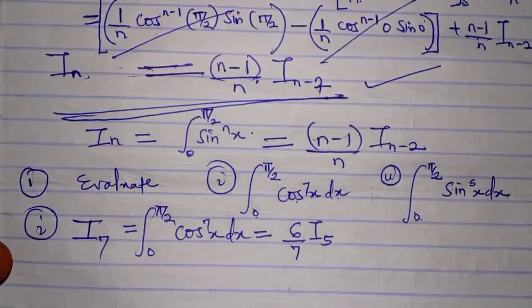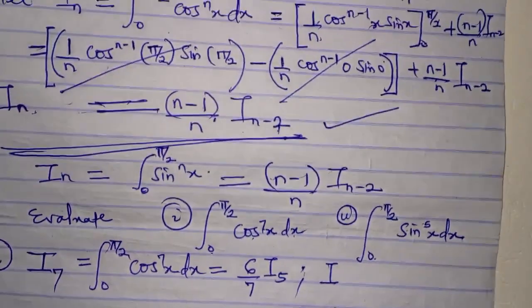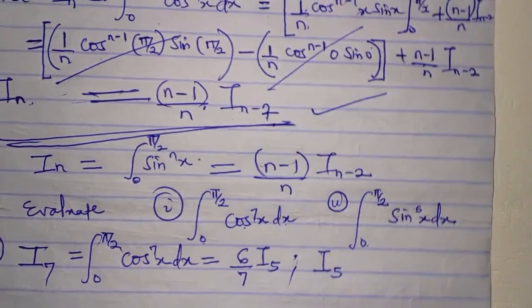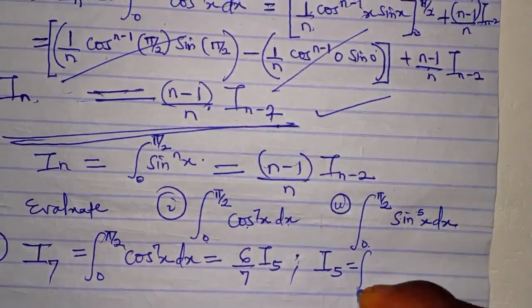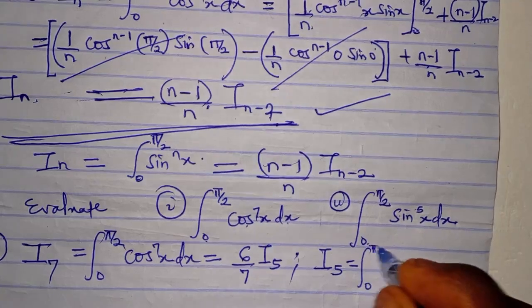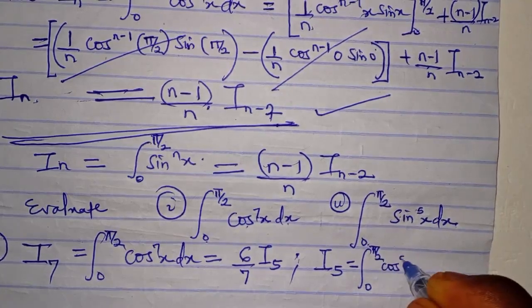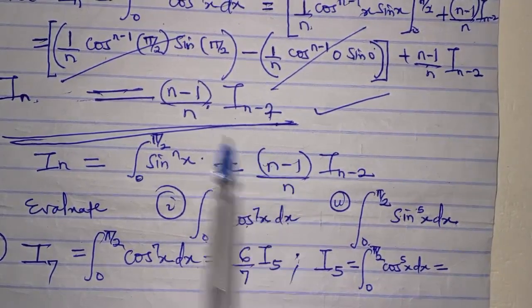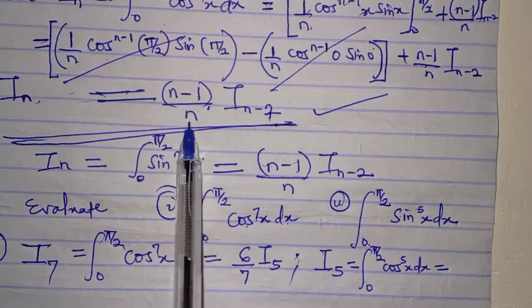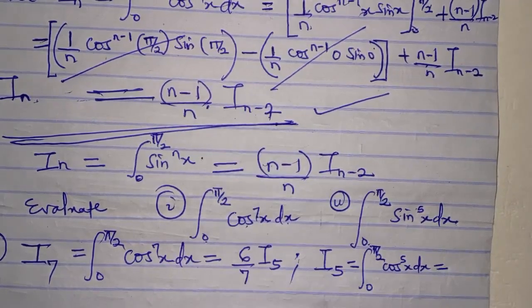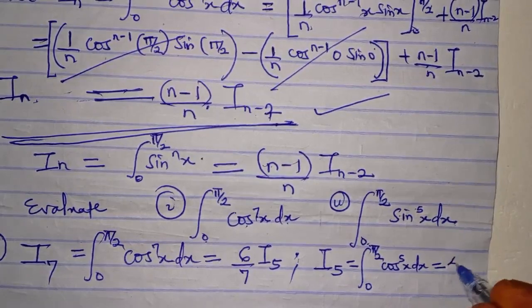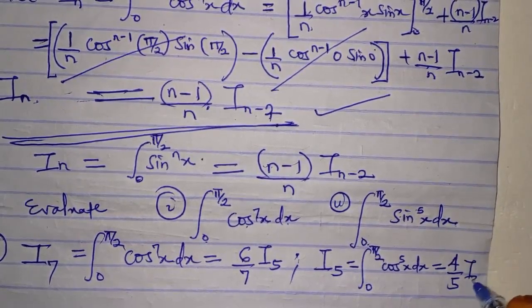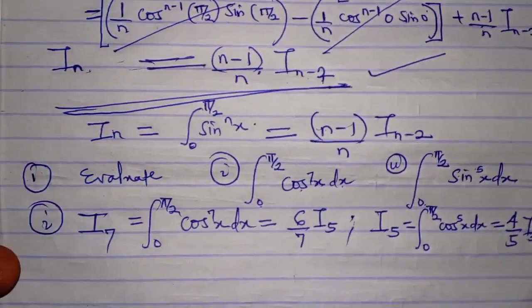So what's I5? We can easily do that here. I5 is the integral from 0 to pi over 2 of cos^5 x dx. That's simple. 5 minus 1 is 4, so 4 over 5 I3. So we have 4 over 5 I3, and what is I3?